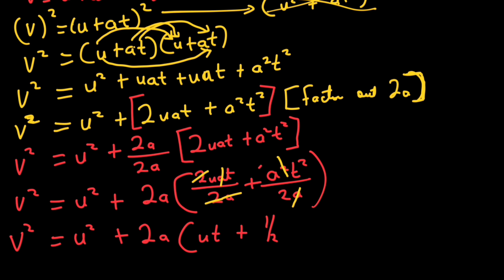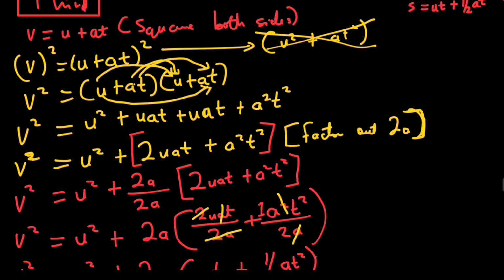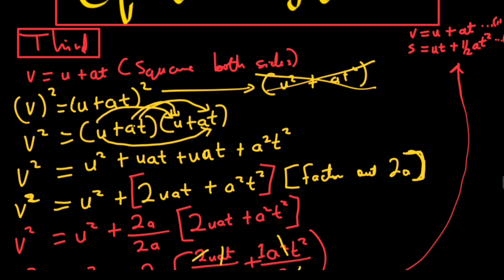Remember, there's a hidden one here, even though you can't see it. Every expression that has no number has at least one, so you can bring it out if you need it for your derivation and your workings. So half at squared.